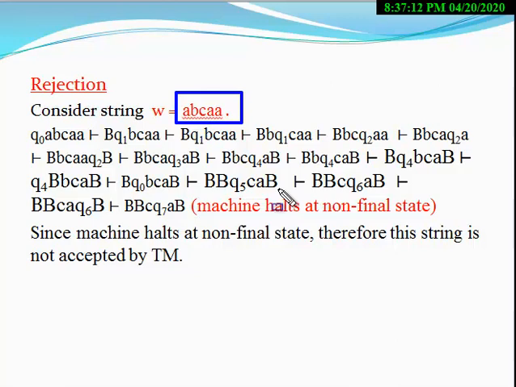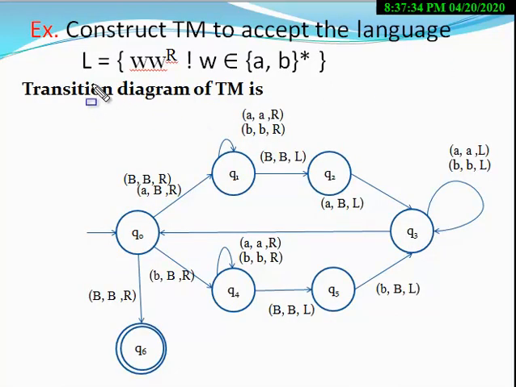So now let us come to the second problem. The second problem is this: construct a Turing machine to accept the language L equal to this. Here the language L is WWR, such that W is a string of A and B. Clearly this question is similar to the previous question. Here the language is WWR.